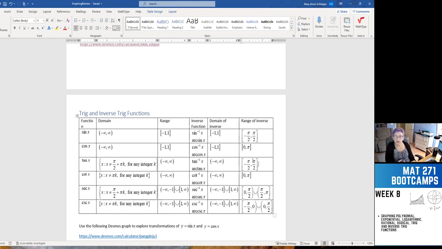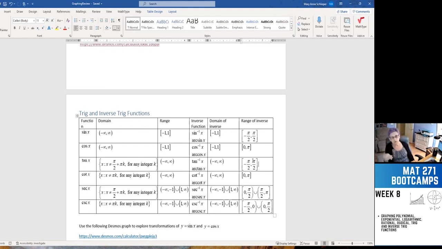Tangent, your range is all real numbers, and cotangent, those are both all real numbers, but they have a lot of vertical asymptotes. Tangent has a vertical asymptote everywhere that the denominator is equal to 0. The denominator is cosine. Cosine's equal to 0 anytime you have an odd multiple of pi/2.